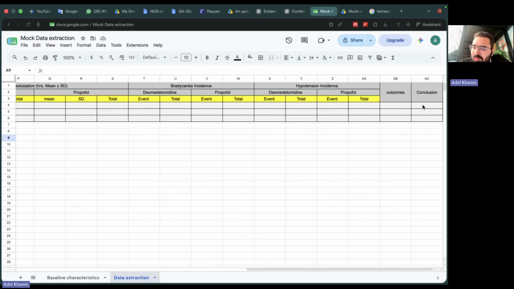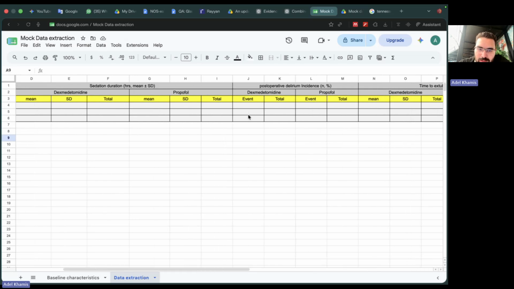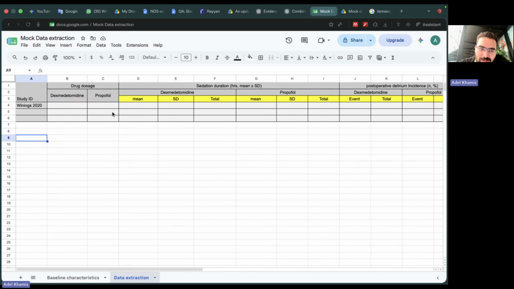The conclusion is in the conclusion part, or in the last part of the discussion. The outcomes are in the methods. Usually in the methods, they say that they will assess this and this and that. The other things are from the tables of the results. The drug dosage is usually in the methods.